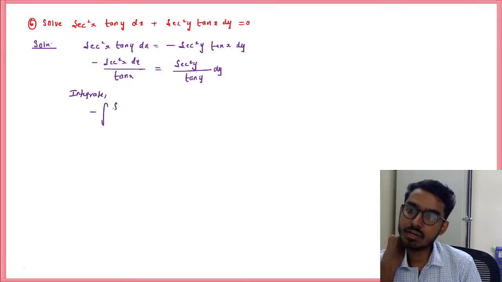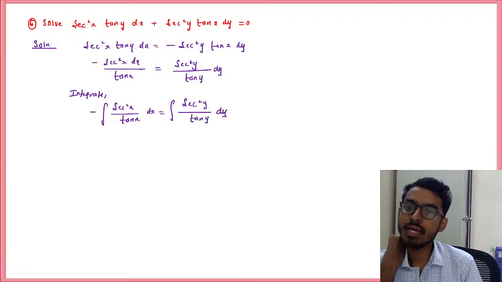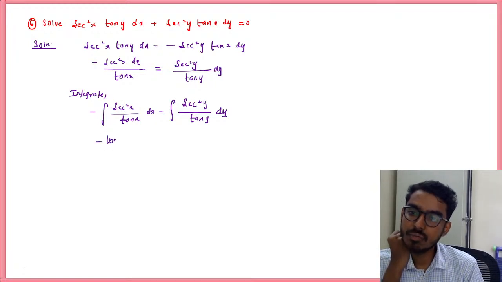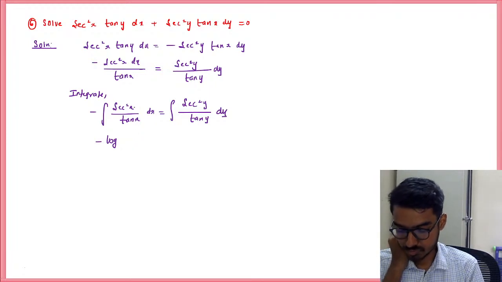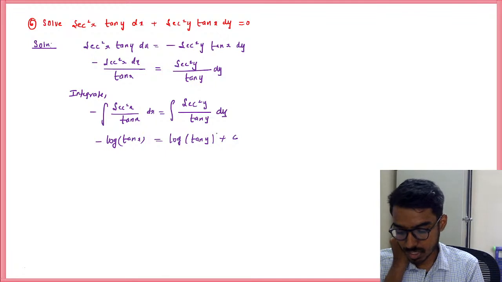So the integration of secant square x by tan x dx, and the integration of secant square y by tan y dy. Again, you can see f of x, f dash of x, right? Tan x, secant square x, we get log tan x, right? Similarly log tan y, plus we will add some constant c.